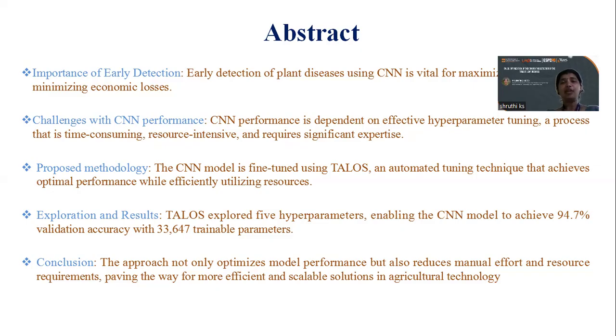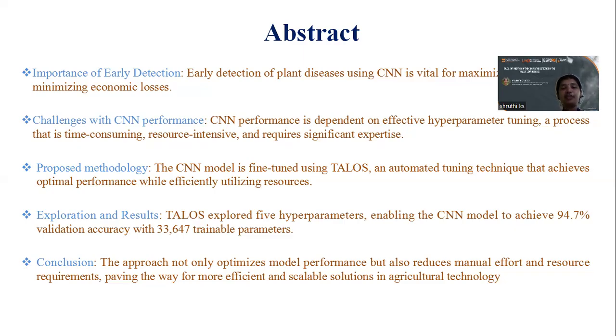By considering all these limitations, the proposed method uses a customized convolutional neural network, which is aimed to train with a limited number of images. Along with it, it provides a limited number of trainable parameters. So, in order to get effective tuning of the hyperparameters, the study considers TALOS, an automated hyperparameter tuning technique.